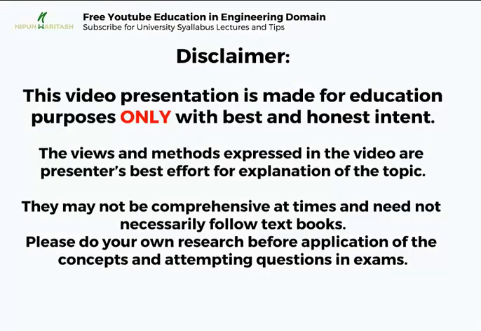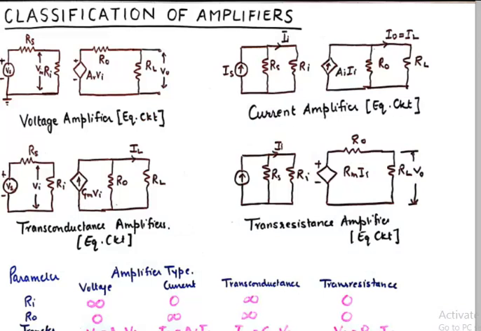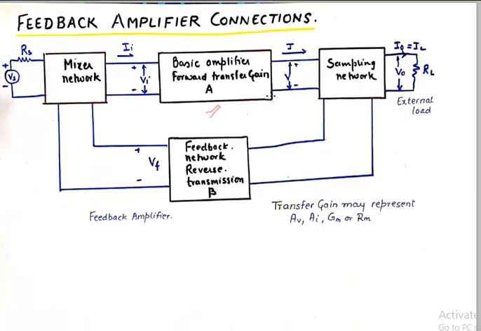And in the previous tutorial we talked about different types of amplifiers, the classification of amplifiers based upon whether they're voltage amplifier, current amplifier, transconductance amplifier and transresistance amplifier. They are going to be supremely important in this tutorial because one of these amplifiers is going to fit into the basic block diagram of the feedback amplifier over here.